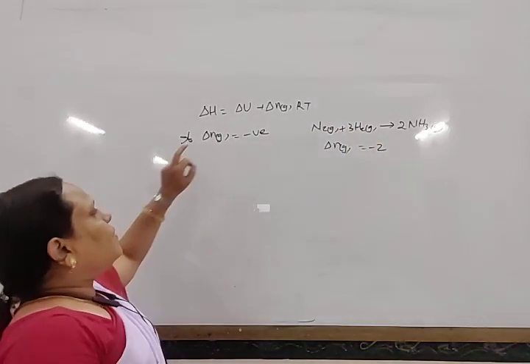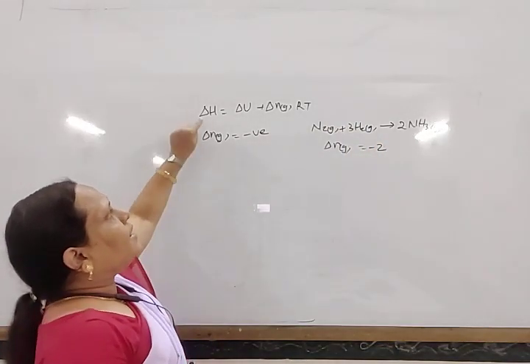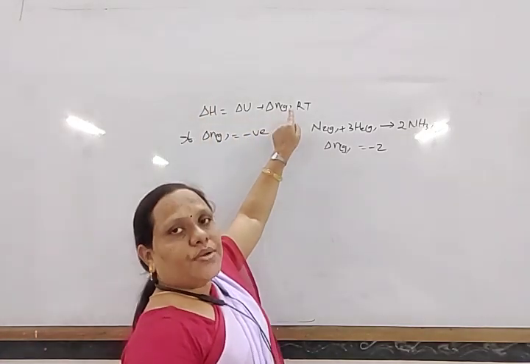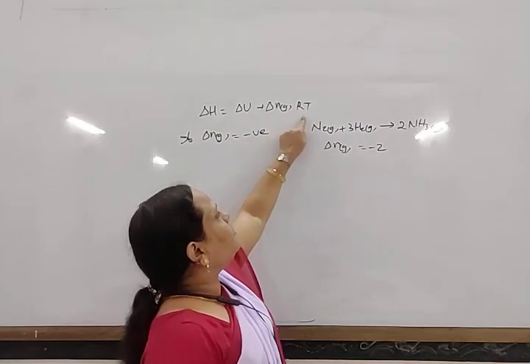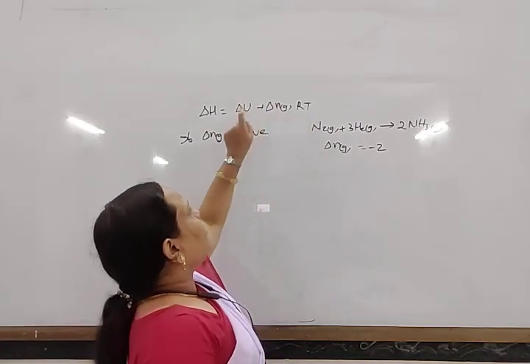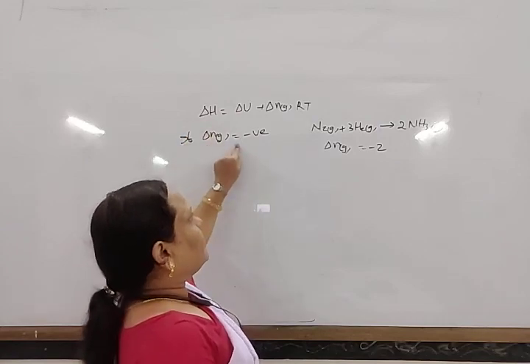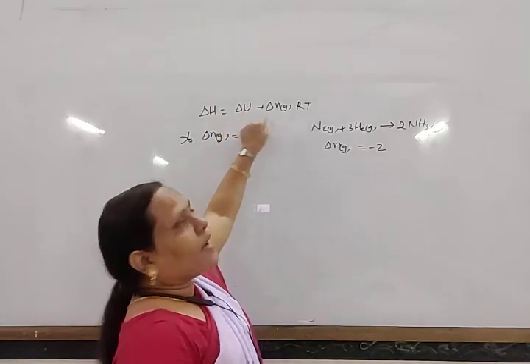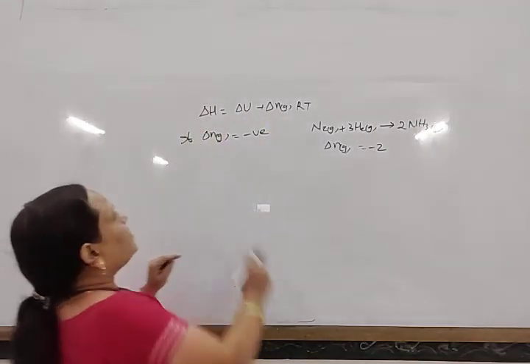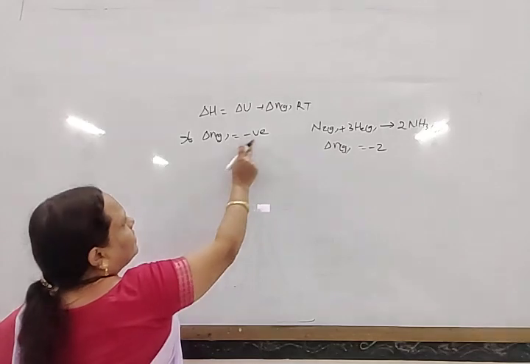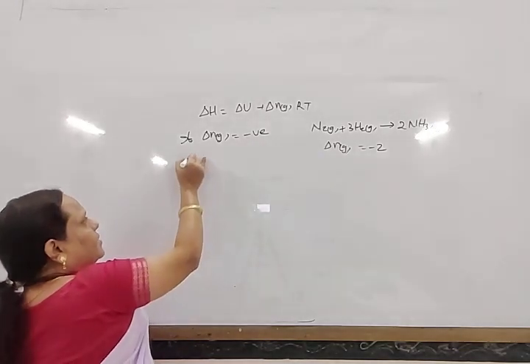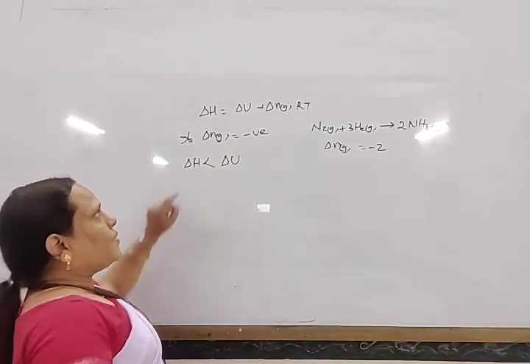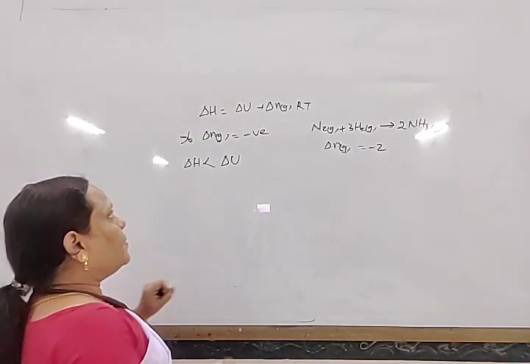So del H is equal to del U minus 2RT, so del U minus something gives del H. If del Ng is negative, then generally del H is less than del U.